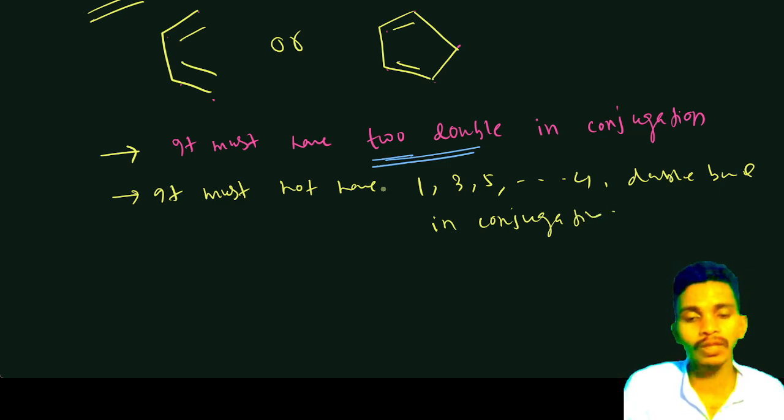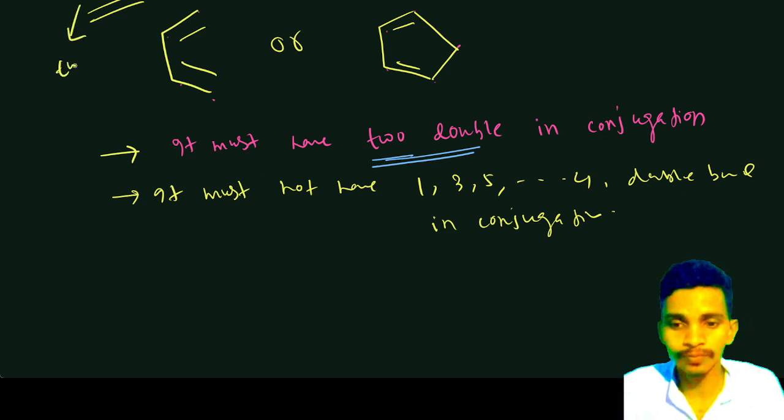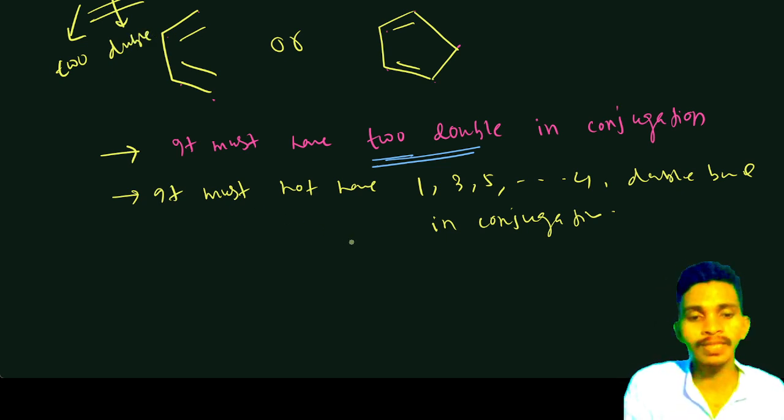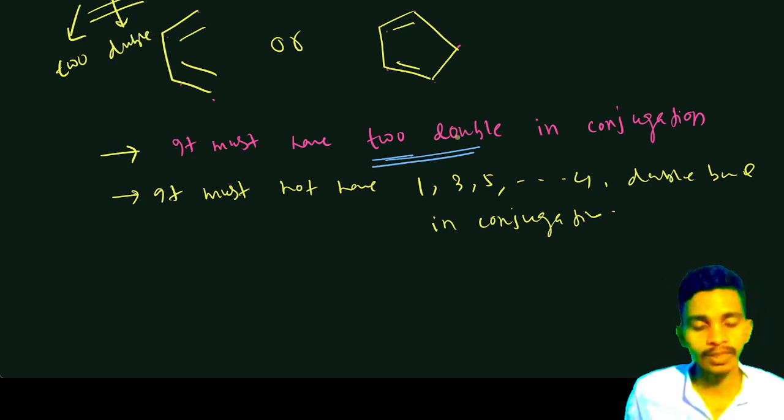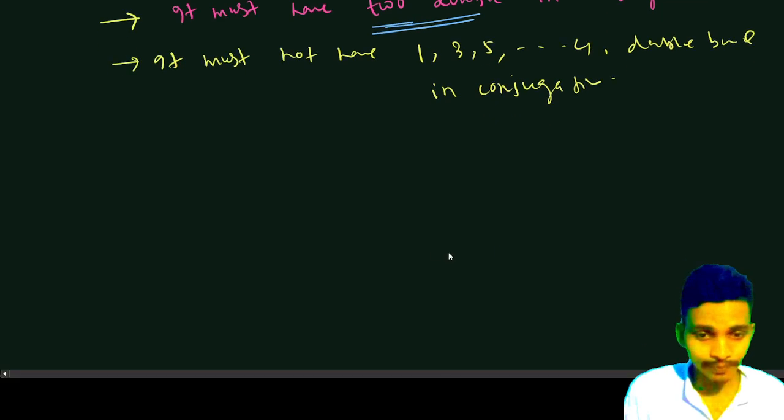Then it is not a diene. Diene stands for 'di', two, and 'ene', the double bonds. So it must have two double bonds in conjugation for dienes.